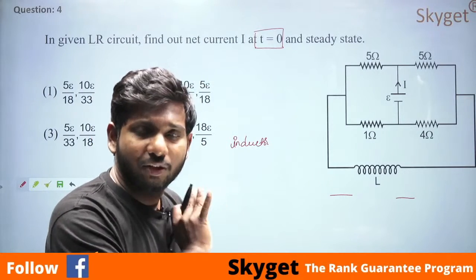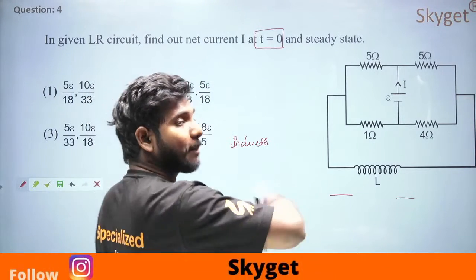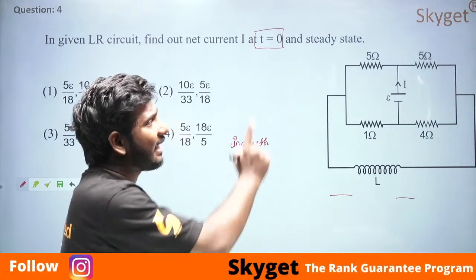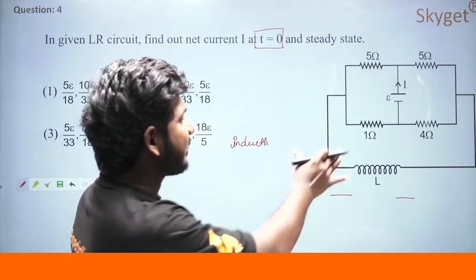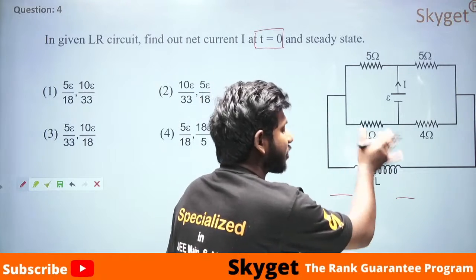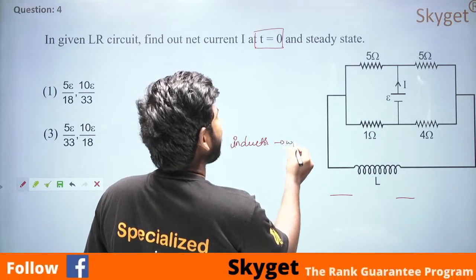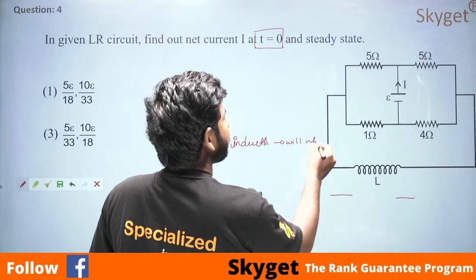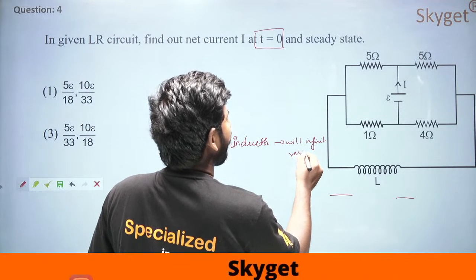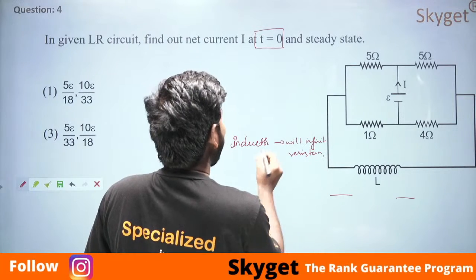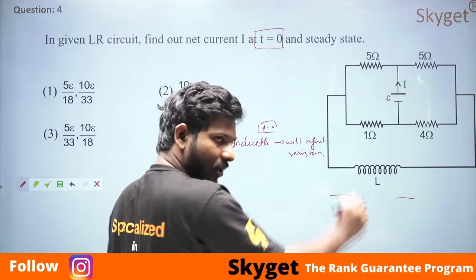Current will not flow through the inductor, because a back EMF will be generated equal to the potential difference across the inductor. That is, the inductor offers infinite resistance and no current will flow at t equal to 0, just when the switch is on.